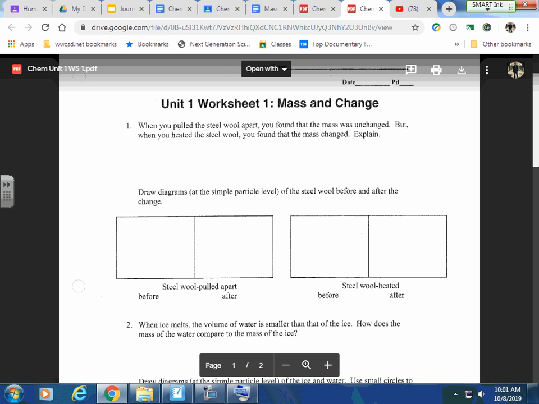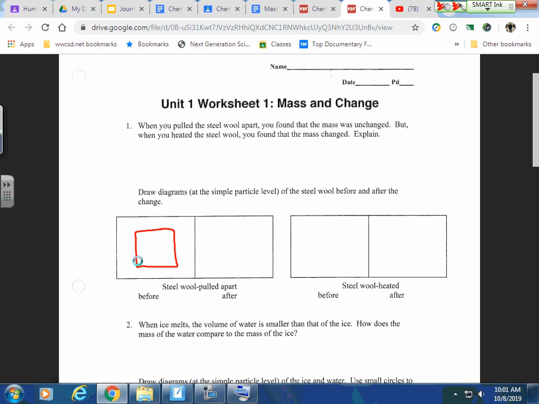So if I do steel wool pulled apart, in this box maybe I just draw a picture. Now, the steel wool wasn't a square, but just for the concept, maybe I make 3 particles on each side. And then over here, I'm going to draw the same thing, but the square kind of ripped apart, and maybe I put 3 dots in each piece.